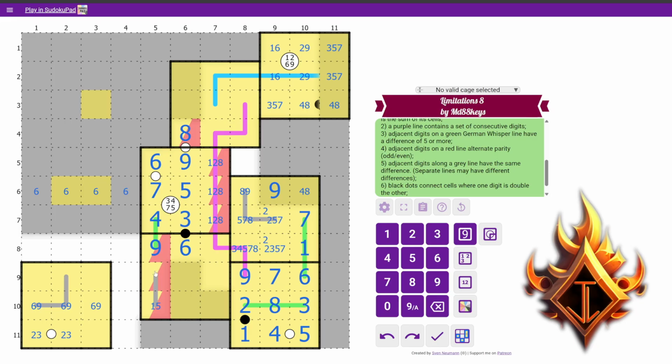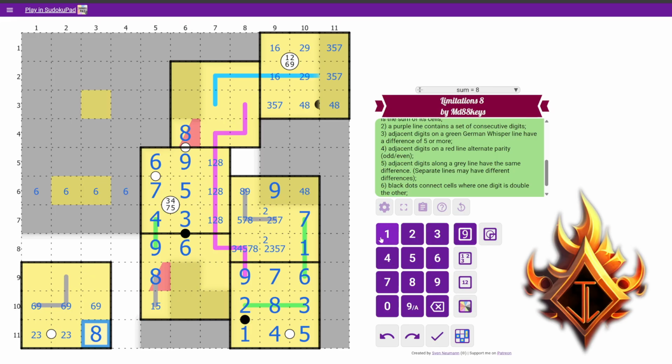I'll take it. 8 must go there, because that's where it goes. By Sudoku. So 8 is red. And I think I'll just respect that coloring. And 8 is down here. Again because of Sudoku.